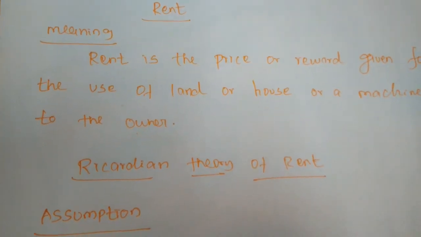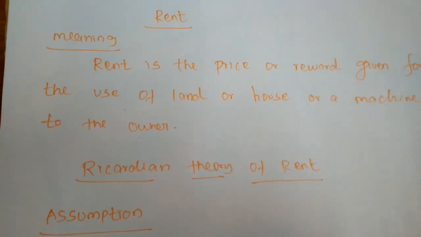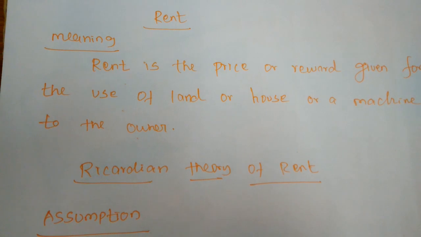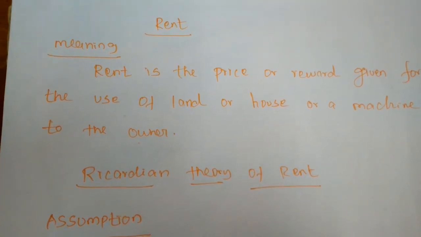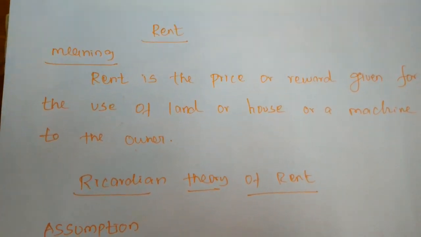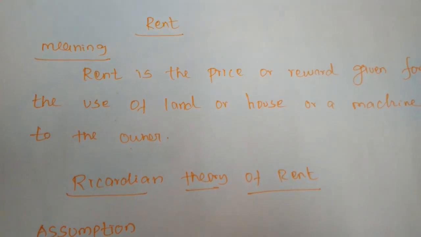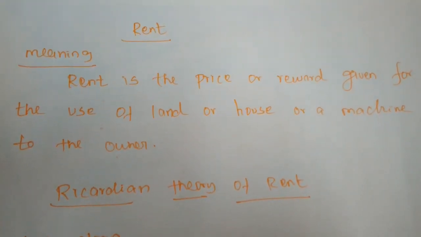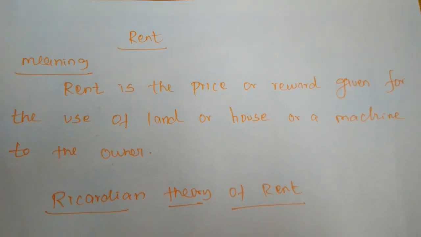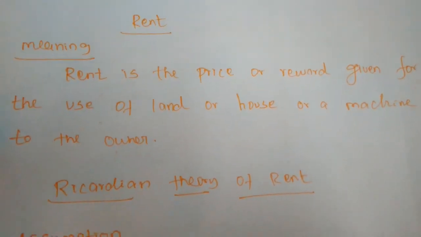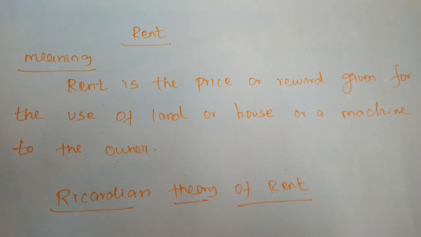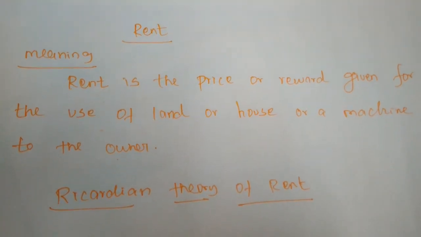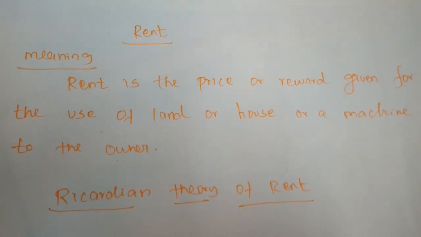For the production process, the producers will definitely arrange land or house or some machines. Suppose the producer doesn't have his own land, house or machine, he has to take the land, house or machines on rent.